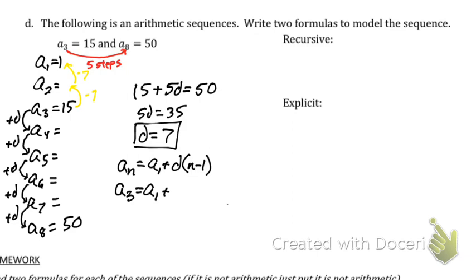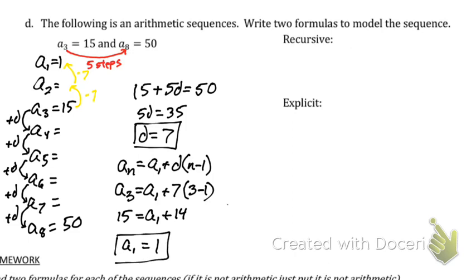I also know the common difference is 7. I also know if I'm looking at the third term, my n would be 3. Well, a sub 3 equals 15, which is going to equal my first term plus 7 times 2, which would be 14, which would give me a sub 1 equals 1. Use any method you want to, because you can count how many steps it is and just multiply it. That's really what's happening here: how many steps there are between the two, and then multiplying it that way.